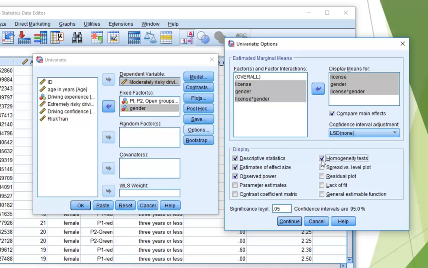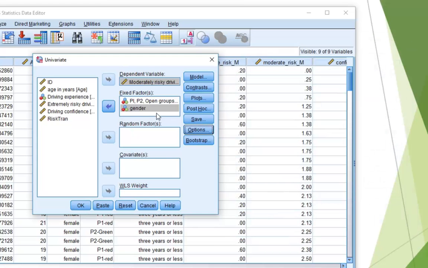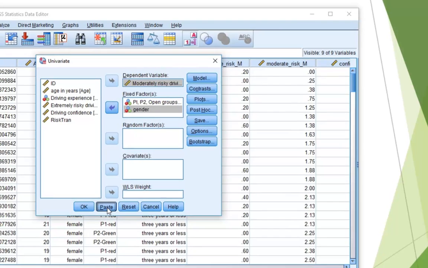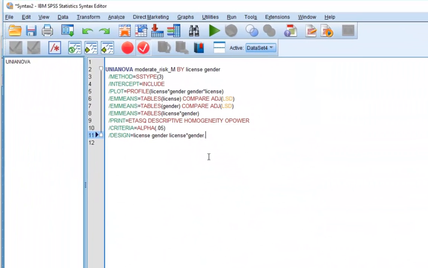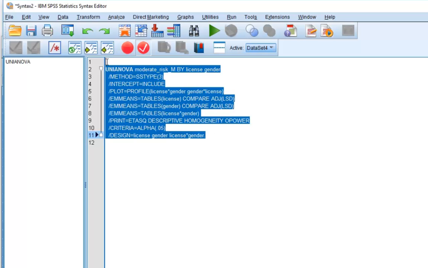So I tick the usual suspects, descriptives, effect sizes, so I'll get partial eta squared, get observed power. It's good to know about. Homogeneity test will give me Levene's test where I need it. And I say continue to that. So that's all we need there. So rather than click OK, I'm going to click paste because I know I'm going to need the syntax later. So I click paste and I'm going to run that analysis.